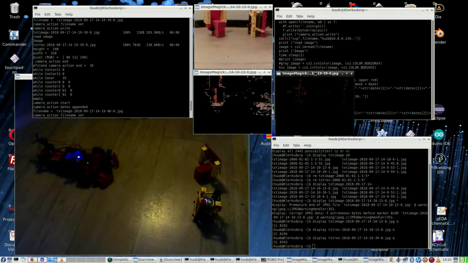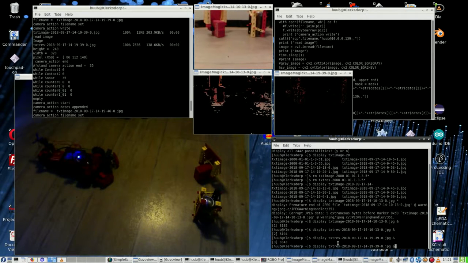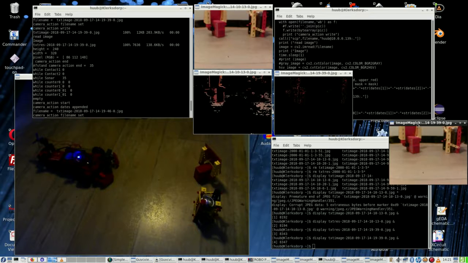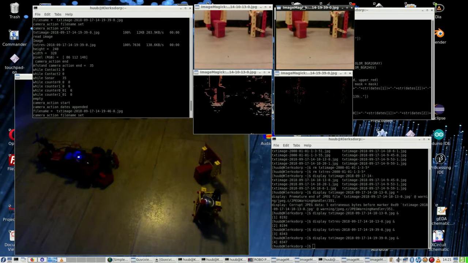Aha, this is different. How about the image? Okay, that is just very slightly different than this one, but this is what I needed to know. Everything else is black except for what is supposed to be red.